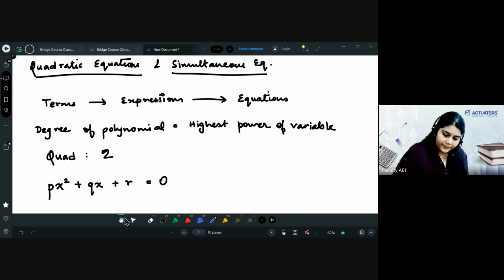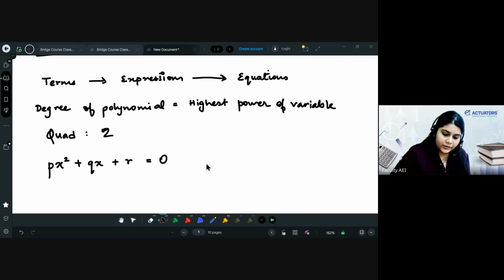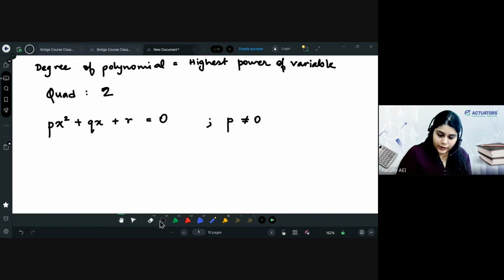And यहाँ पे there is a very strict condition for it to be a quadratic equation. Any guesses what does it need to be? X is not equal to 0, nahi. P can't be equal to 0, because if P is 0, then it will become a linear equation, because the degree of the equation will become 1. Okay. So very important condition is P can't be equal to 0.